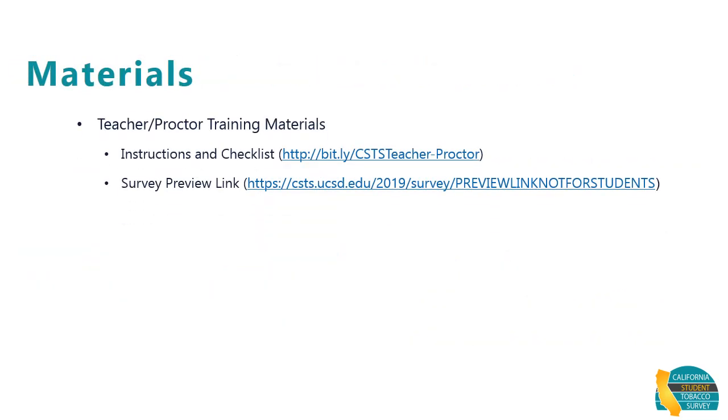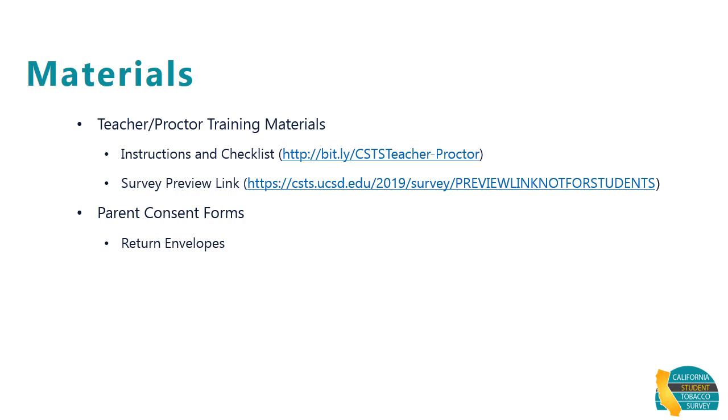Your survey coordinator will provide the materials needed to administer the survey. You will receive parent consent forms for your students for each participating section. If you have multiple class sections, you will need enough consent forms for each section. A large envelope for each of your class sections will be provided to you. Please retain the large envelope to collect any signed consent forms you receive from your students.